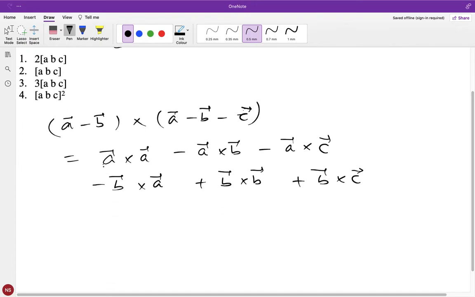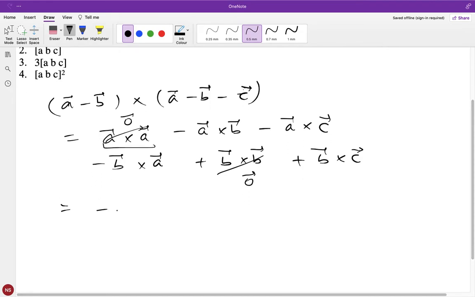Now A cross A is a 0 vector, right? B cross B is also 0 vector, so 0 plus 0 is 0. I am not going to write them. So this is minus A cross B minus A cross C minus B cross A plus B cross C.